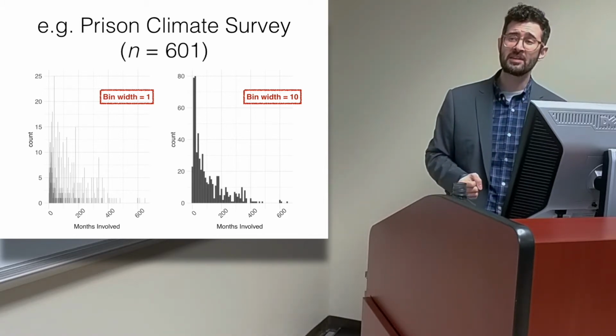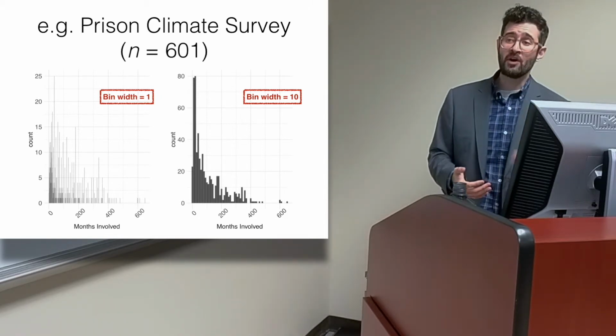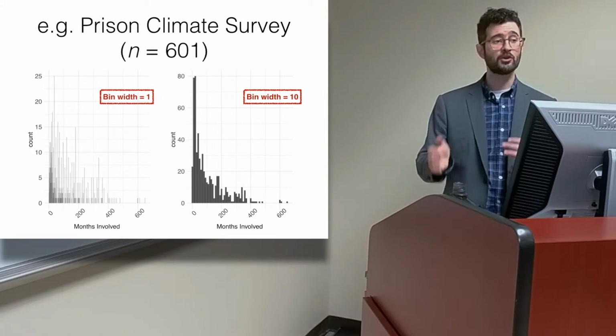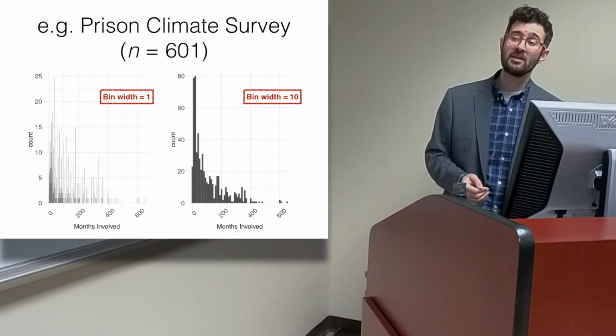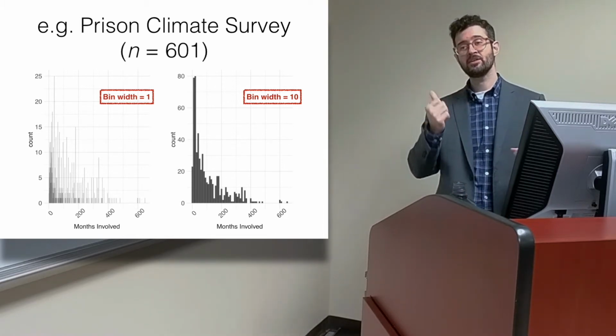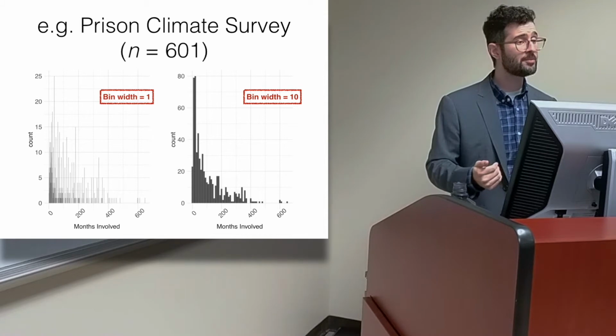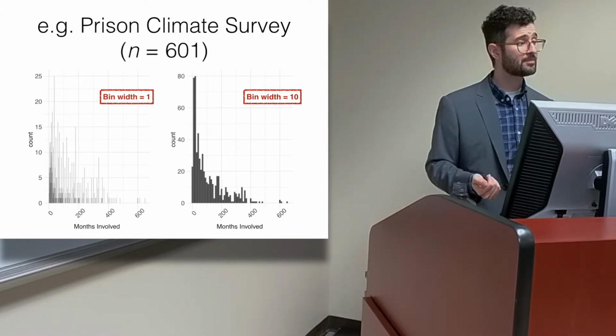Again, we're seeing that most of the respondents of this survey had been involved with the prison system for a shorter interval of time, but as we start moving out to the right, we see that there are fewer and fewer people who are involved with the system for a long period of time.